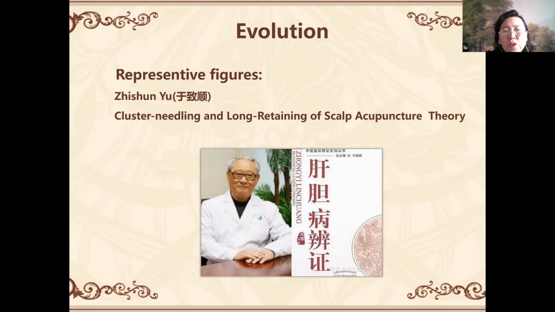After more than 40 years of experience, they set up different principles for treating this kind of problem. Until now, we still follow the guideline and principle of Professor Yu's idea for patients.